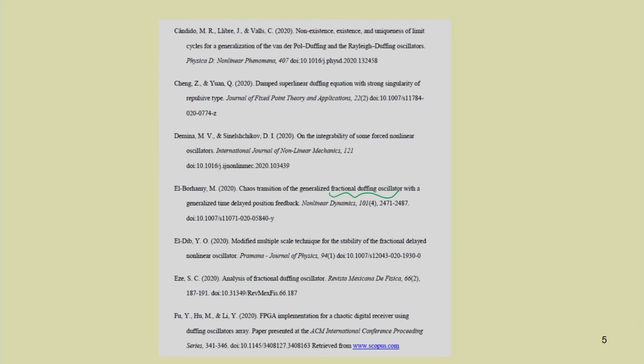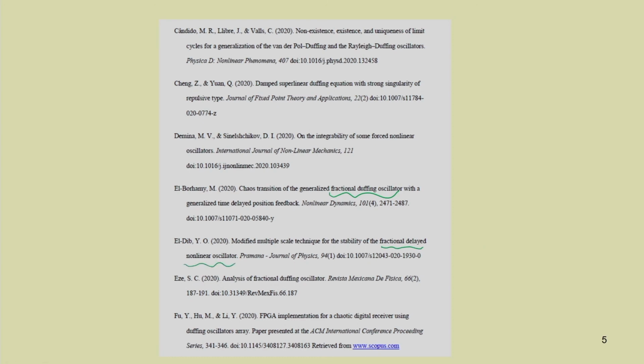Also, one can add time delay in this Duffing type of equation to get a delayed oscillator. In this paper you can see a modified multiple scale technique for the stability of the fractional delayed oscillator. So here it is both fractional and delayed nonlinear oscillator.